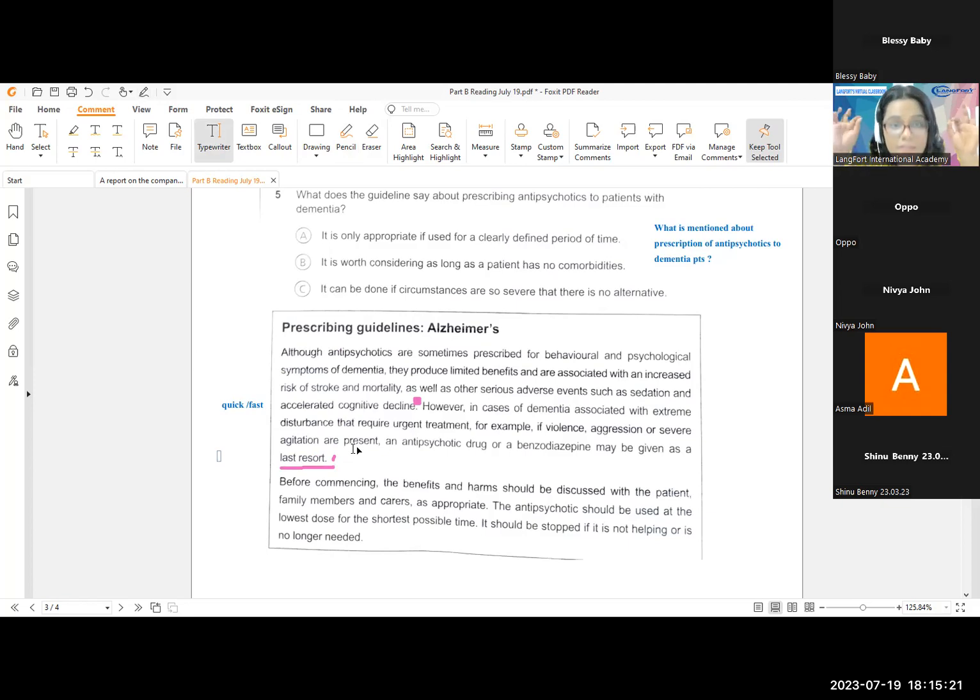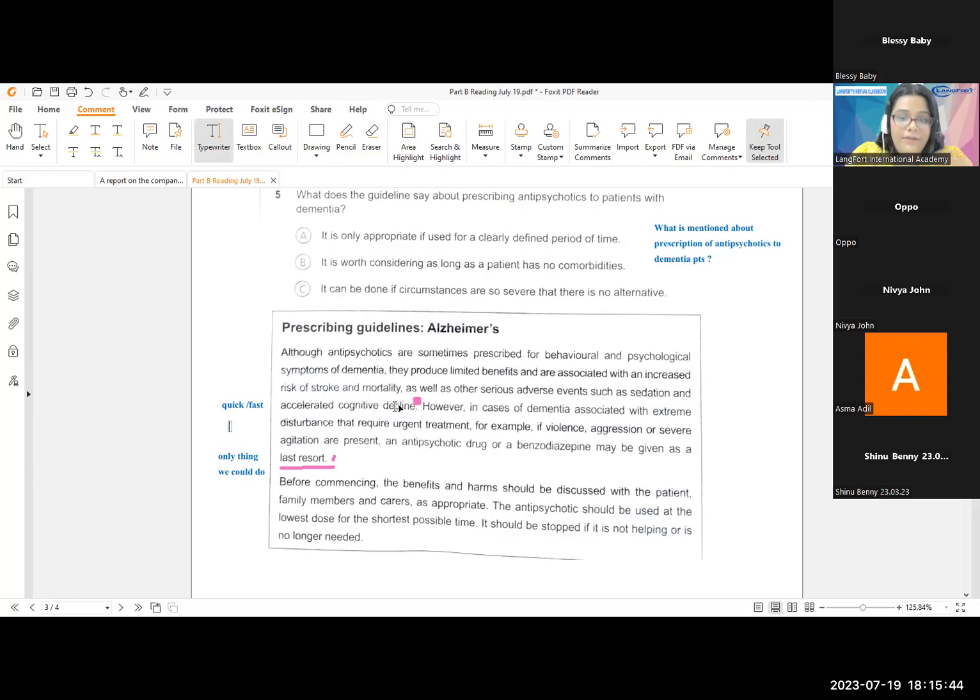That was the only thing we could do considering the circumstances. So whenever you say starting insulin was the last resort for treating her problem, it means there was no other option. Starting insulin was the only option. So that's what we mean by last resort.